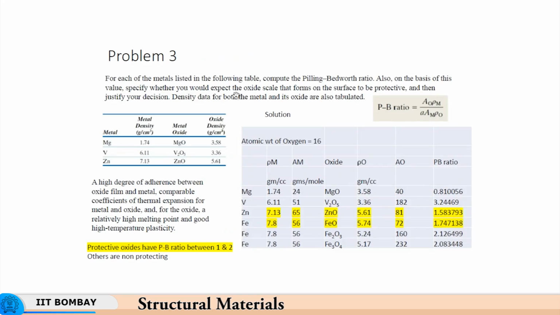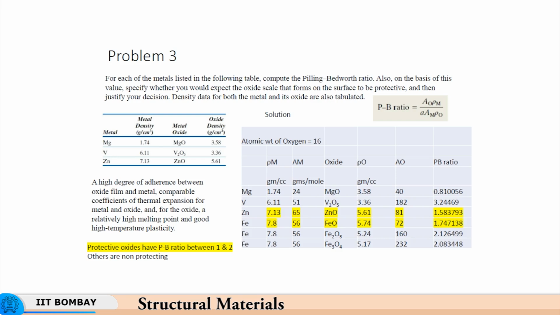Okay. Now, we come to another problem. For each of the metals listed in the following table, magnesium, vanadium and zinc, you have been given the density of the metal, the formula for the metal oxide, and the density of oxygen. Now, this is about finding out whether the oxidation will take place so as to protect the material, or the oxide will fail to protect the material from further oxidation.